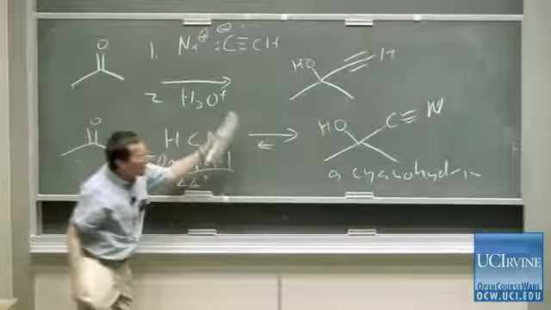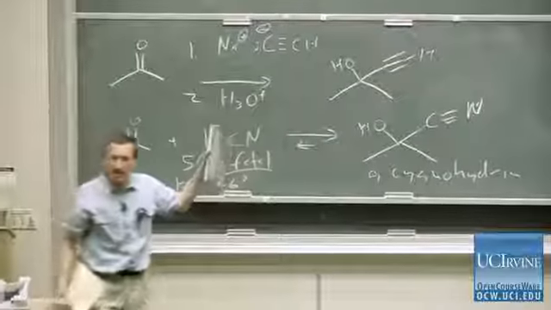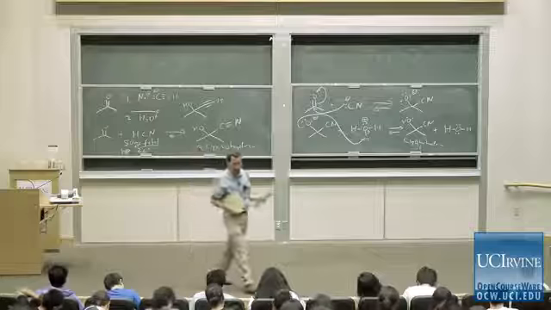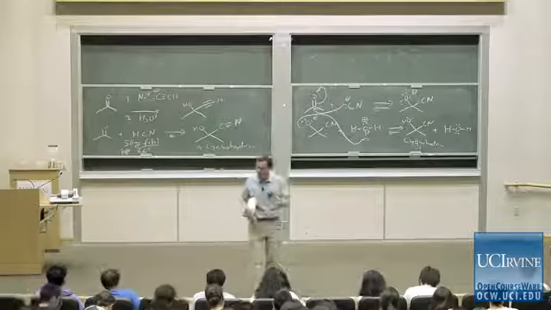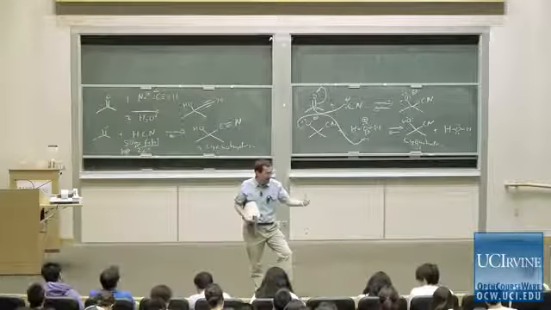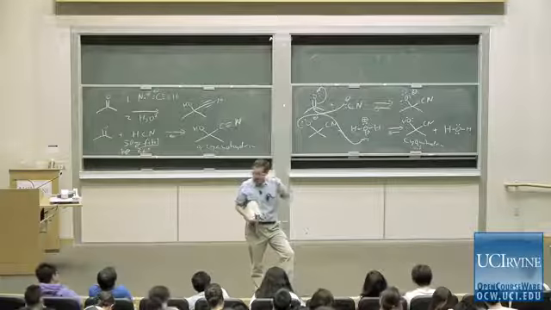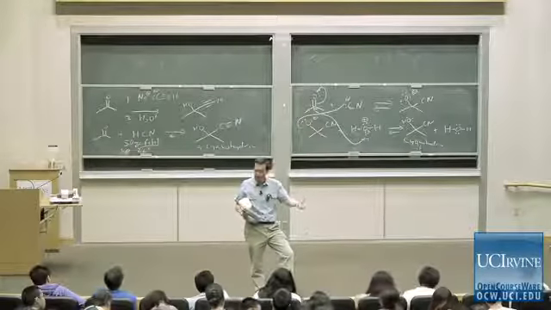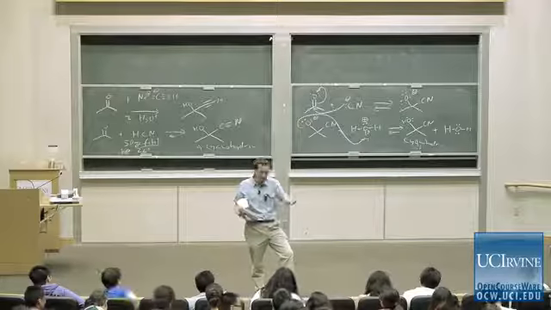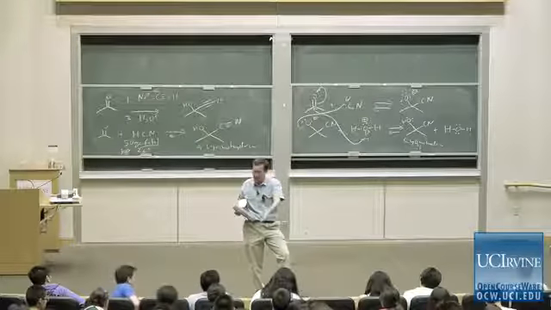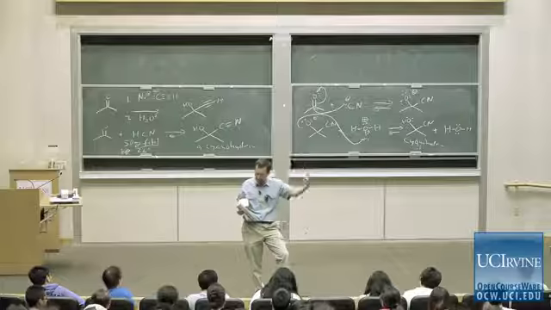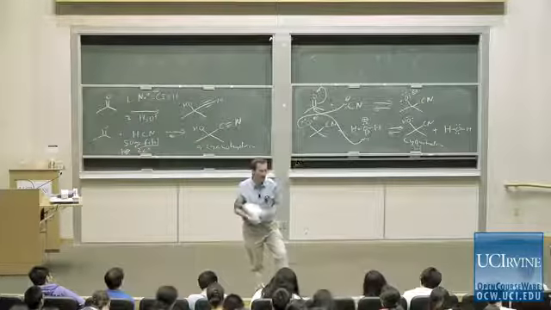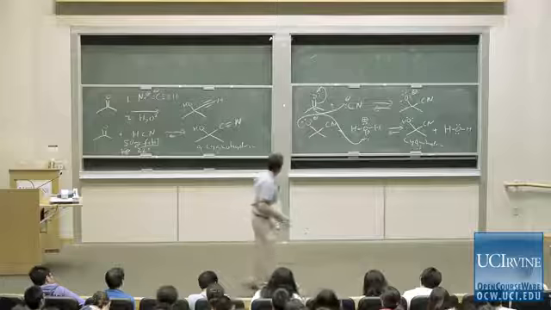So what you can see here really is a big degree of analogy between the chemistry that you've seen thus far, where we've added an alkyl metal, and this new chemistry where we're just adding a moderately basic nucleophile. Your moderately basic nucleophile exists as an anion. It can add to the carbonyl. You get an alkoxide anion. The alkoxide anion can be protonated.